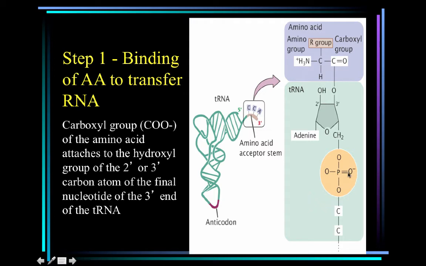So that's where we're going to have our phosphate groups and our adenine going to be bound to our amino acid up here. So the carboxyl group of the amino acid is going to attach to the hydroxyl group of the 2' or the 3' carbon atom of the final nucleotide. And that final nucleotide is going to be on the 3' end of the transfer RNA.